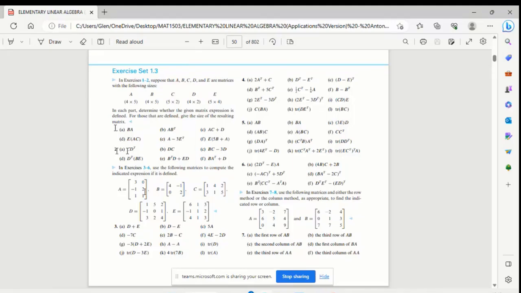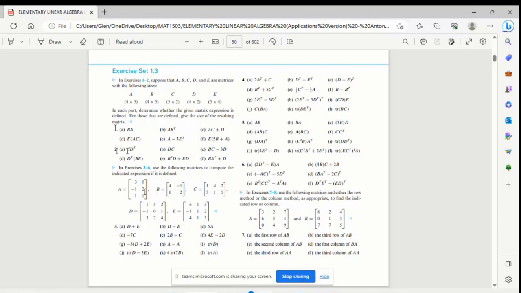In simple terms, when we talk about the transpose of a matrix, a row in the first matrix becomes a column in the transpose of that matrix, and a column becomes a row in the transpose. Let me give you a typical example. Do you see matrix D?